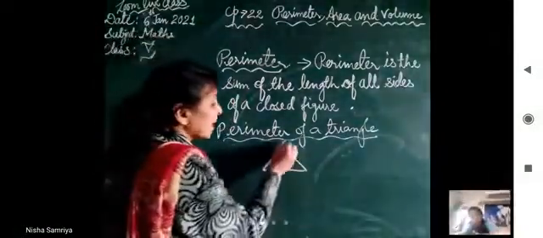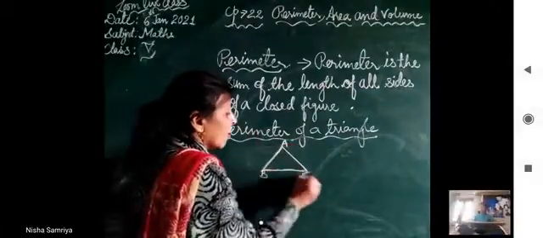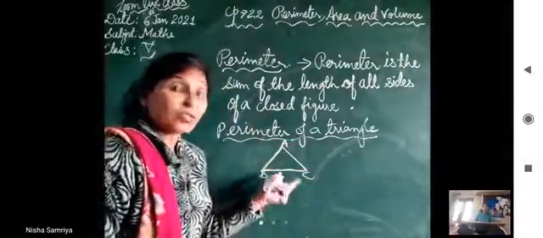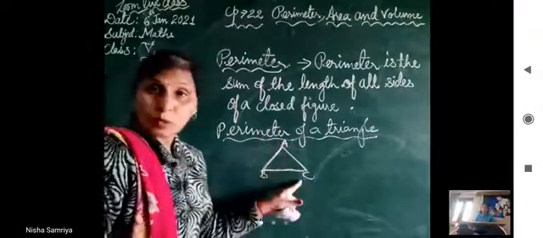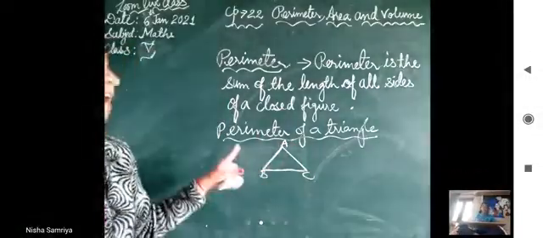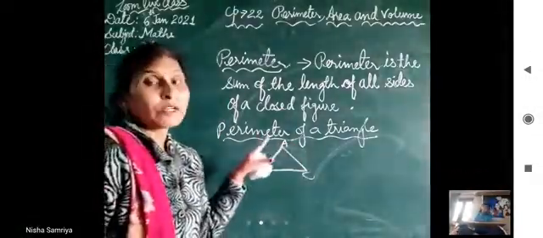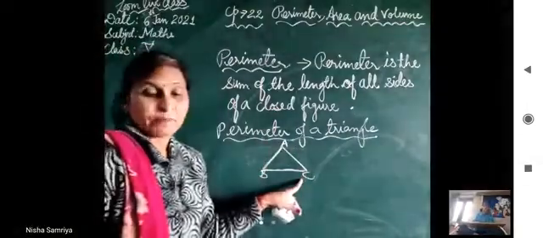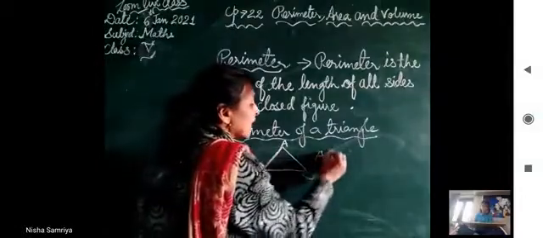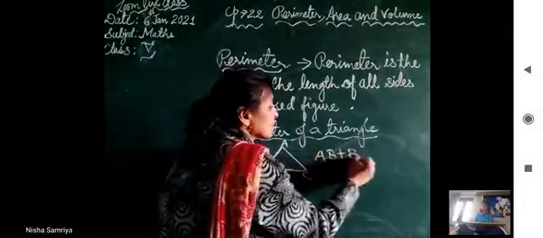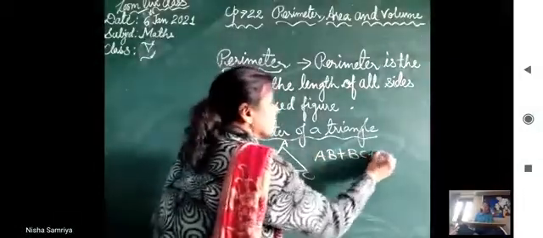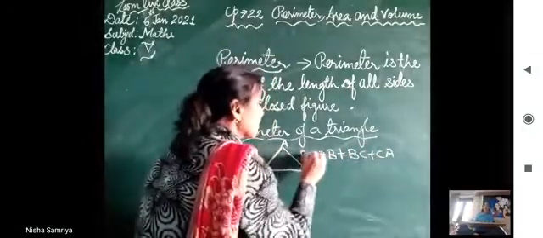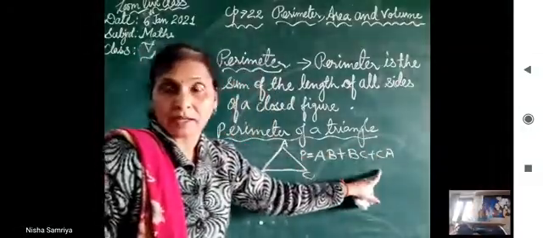How many sides in a triangle? 3 sides, and this is a closed figure. So we say a triangle is a three-sided closed figure, that is A, B and C. So 3 sides we write AB plus BC plus CA. This is the perimeter of a triangle.